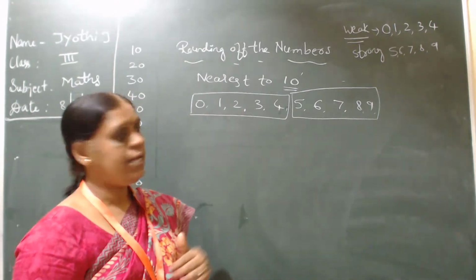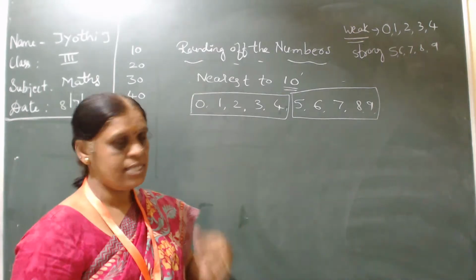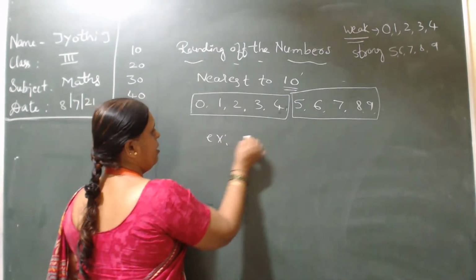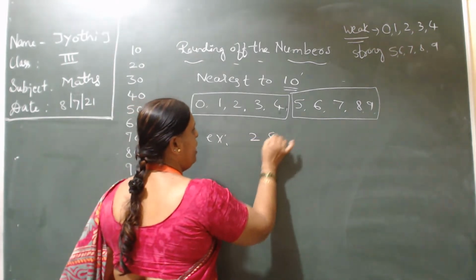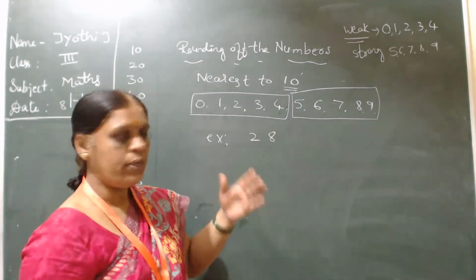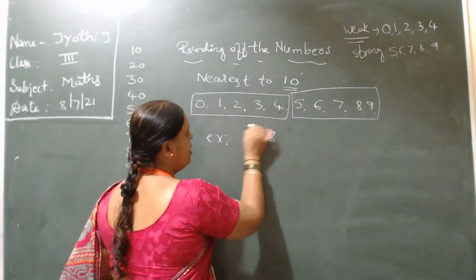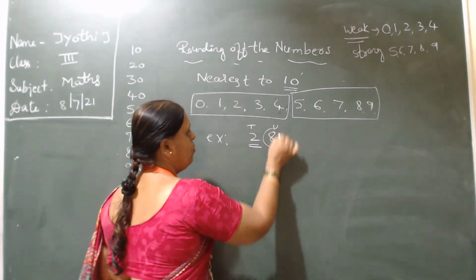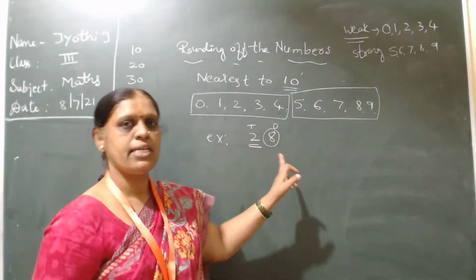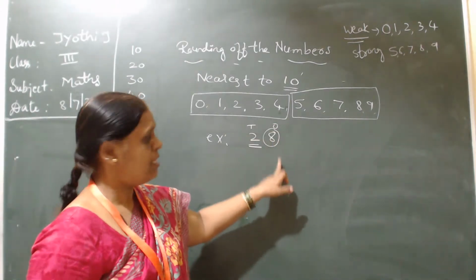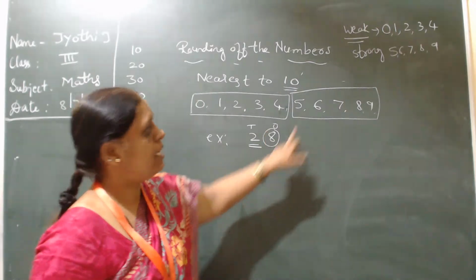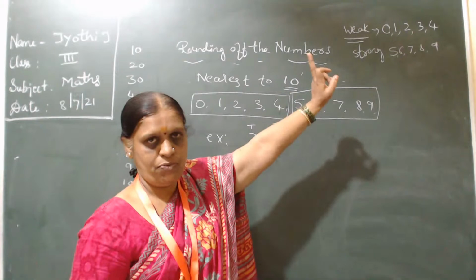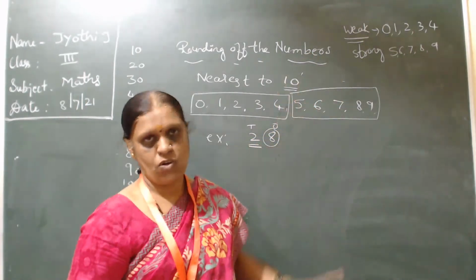When rounding numbers to the tens, take the number 28. We have to look at the number in the ones place, and see whether it is in the first group or the second group, that is, whether it is a weak number or a strong number.